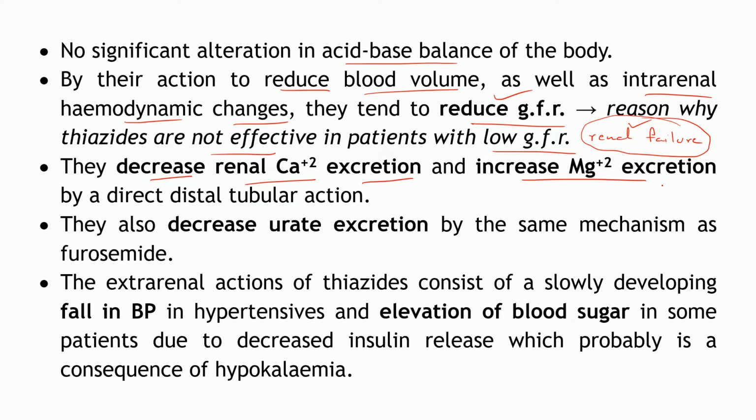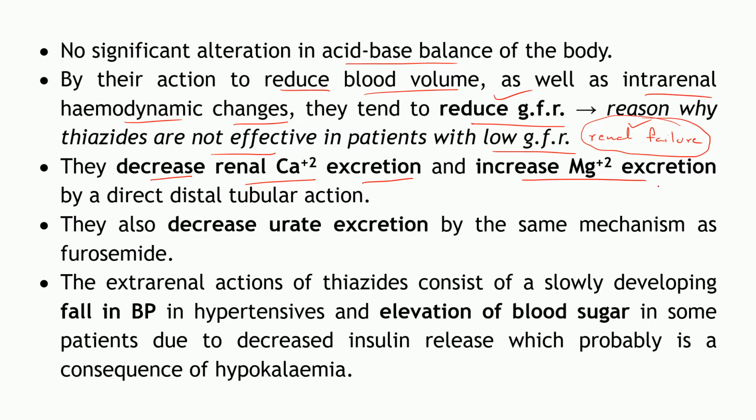Okay, so please note the points of similarities and the differences between the high-ceiling and the medium efficacy diuretics. Such kind of questions could be asked. Compare and contrast between high-ceiling and medium efficacy diuretics, or compare and contrast between furosemide and the thiazides, right? So such questions may be asked. So these points of differences are very, very important.